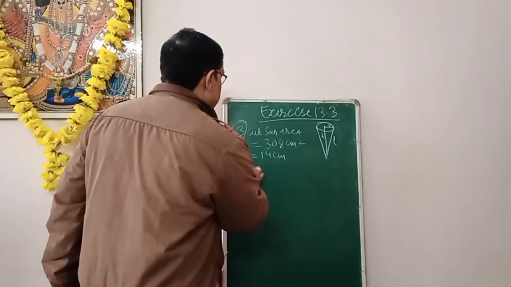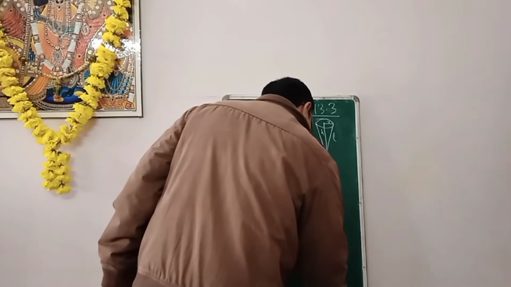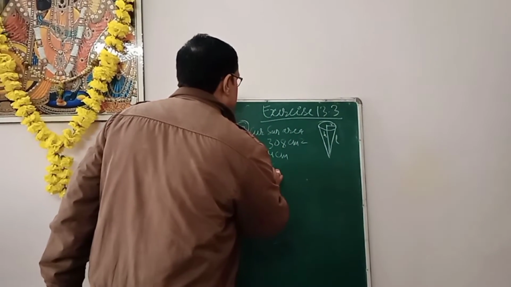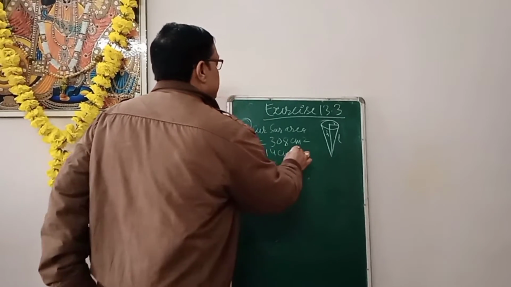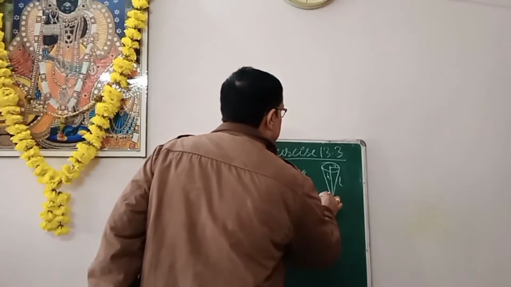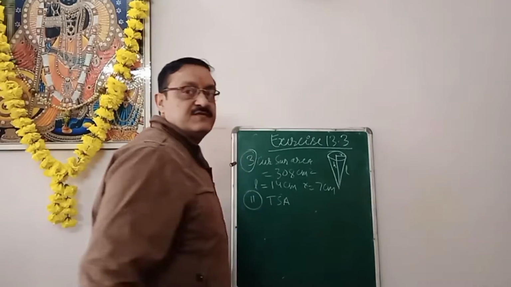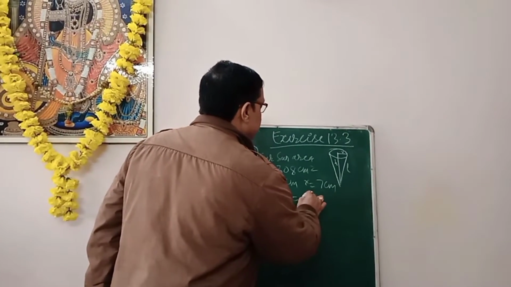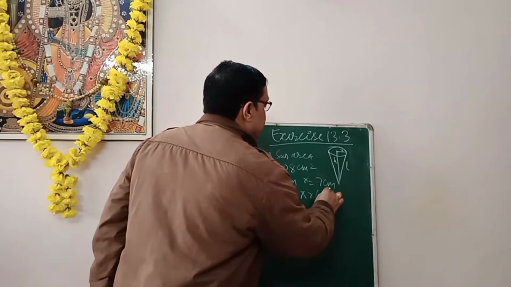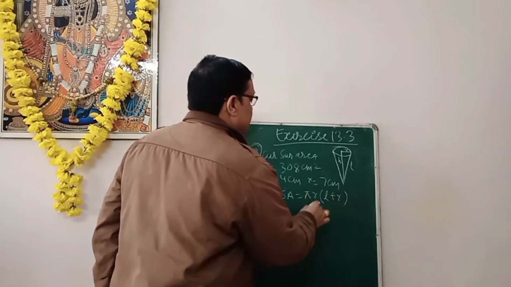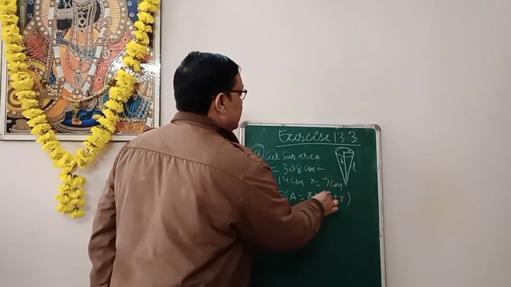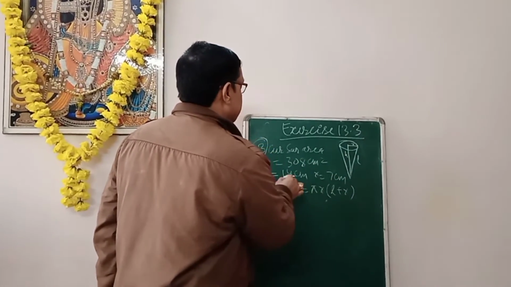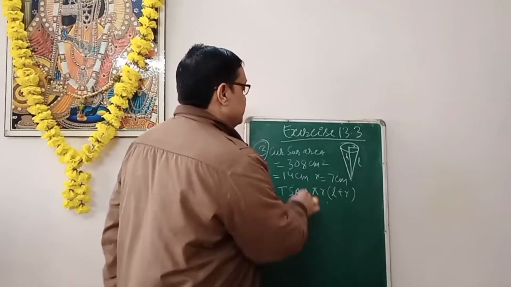Now coming to the second part of the question. What the second part says? Second part, we need to find out the TSA. Now we have calculated R also 7 cm from first part, and now we need to find out TSA. We need the formula for this, pi r (L plus R). So pi 22/7, R 7, just we have calculated in first part, L that is given in question as 14.